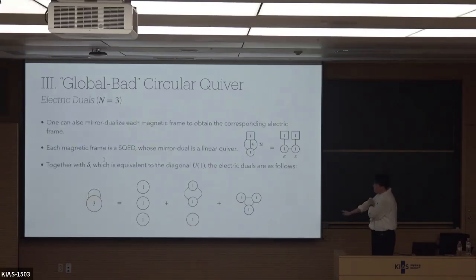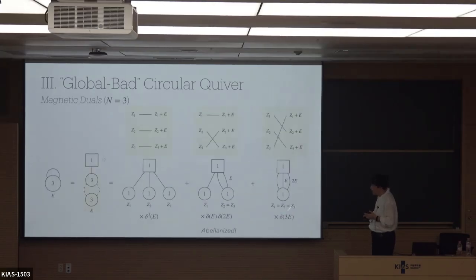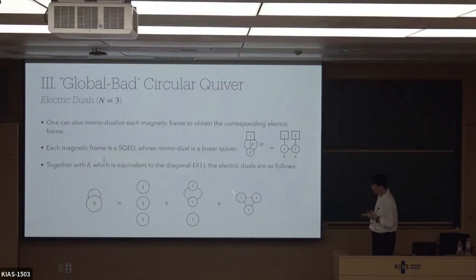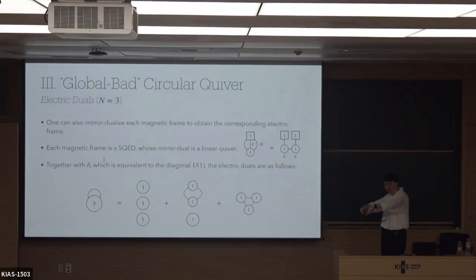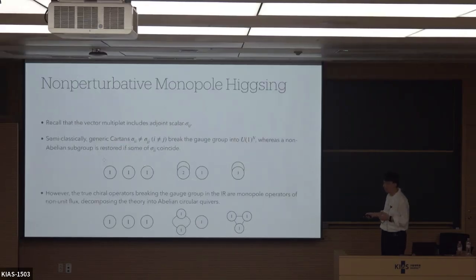So let me speed up. They are magnetic dual frames. Let's go back to the electric frames by dualizing each one. Then the resulting theory looks like this. It is quite surprising, although it is not obvious, because if you consider the classical picture, the U(3) gauge node can be broken on the Coulomb branch into a bunch of U(1) like this, right?